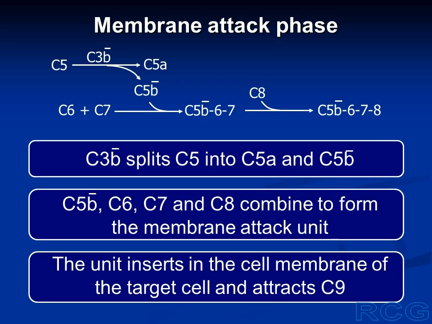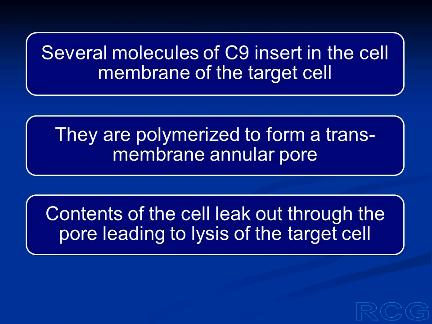unit attracts C9, complement component C9. In fact, several molecules of C9 are attracted, and these molecules of C9 also get inserted in the cell membrane of the bacterial cell or the target cell.